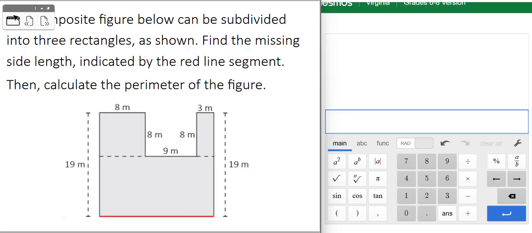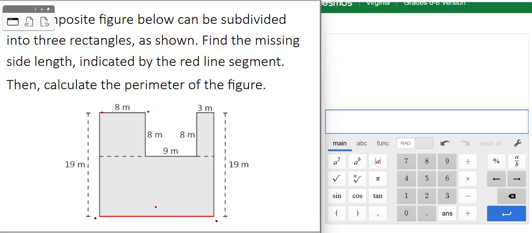So, if you can see, the composite figure below can be subdivided into 3 rectangles as shown. Find the missing side length as indicated by the red line segment. Then calculate the perimeter of the figure. Well, if we're looking for this line from here to here, we have to look at everything else that also is horizontal.